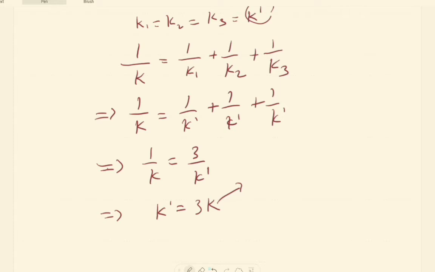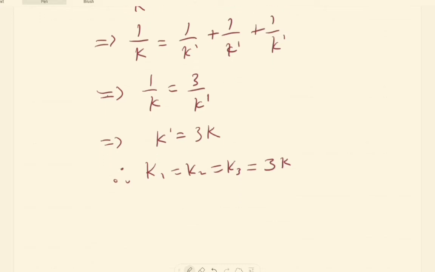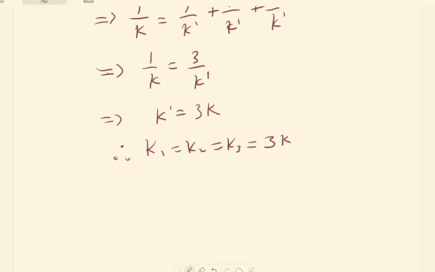So therefore k1 equals k2 equals k3. Those springs have equal spring constants, therefore the spring constant would be 3 times the original spring constant, a higher spring constant than the original spring.